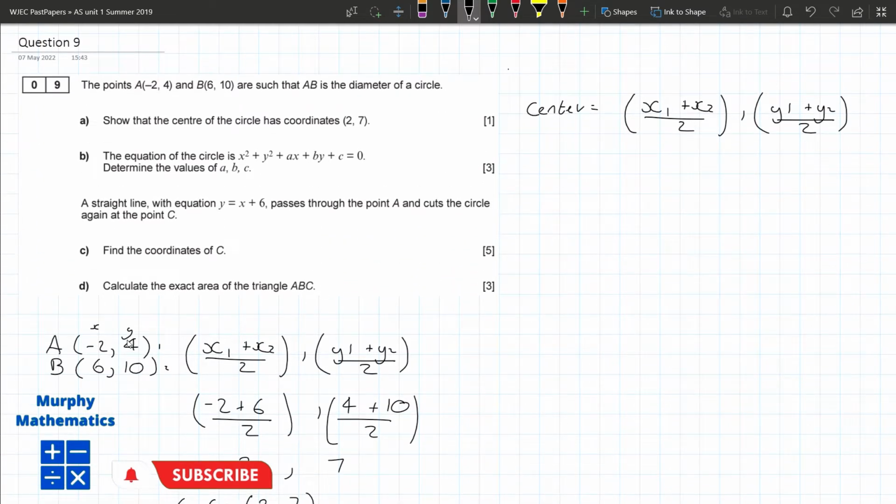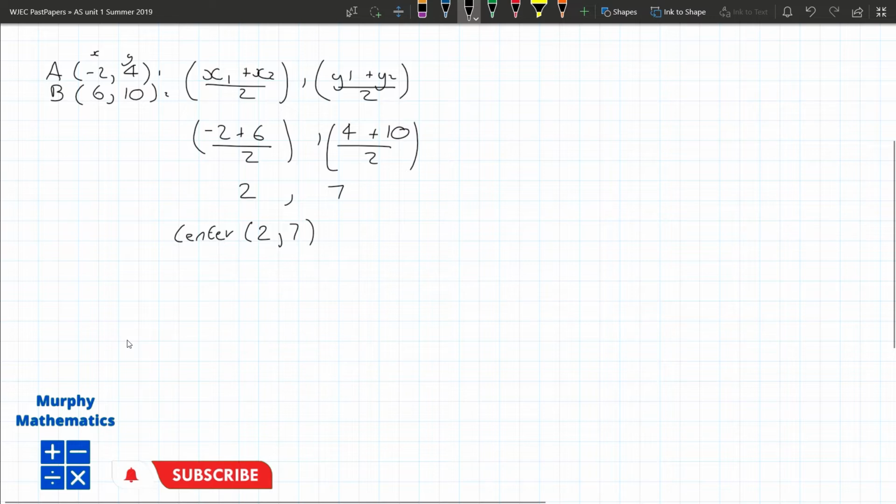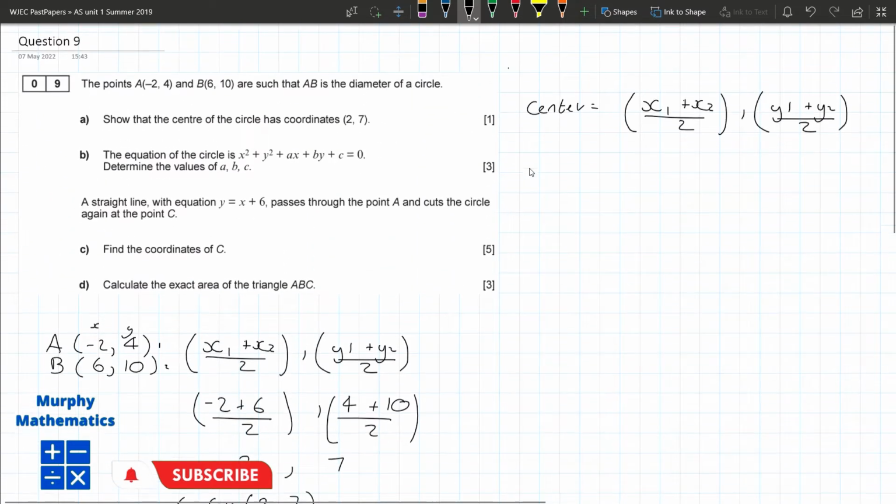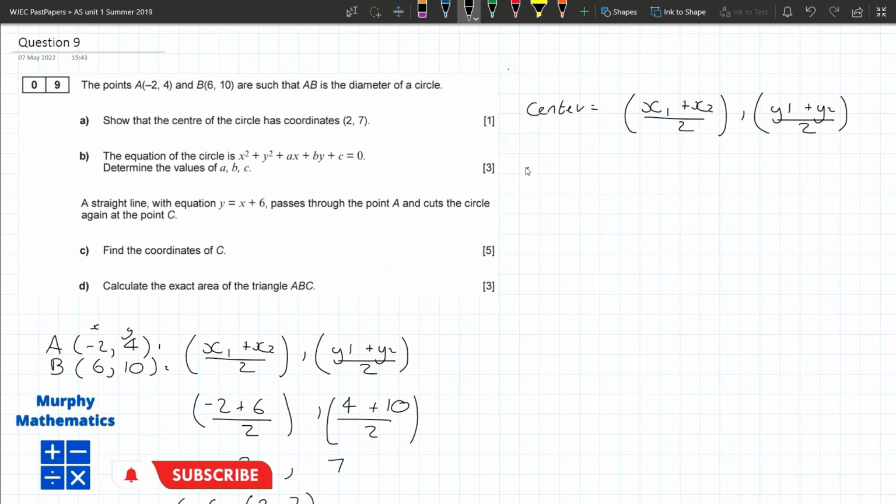Okay, so part b: the equation of the circle is x squared plus y squared plus ax plus by plus c equals 0, to determine the values of a, b, c. So we have an equation for the equation of a circle. When we have the midpoint, it's x minus a all squared plus y minus b all squared equal to the radius squared, where a and b are the midpoint's x and y coordinates.